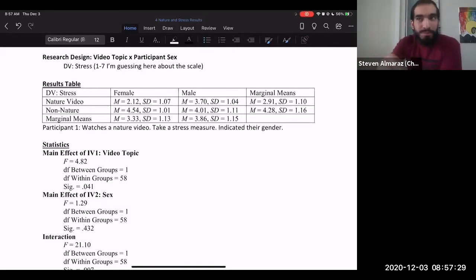I also needed a stress measurement for each participant because otherwise, how would I get these stress values? I needed to know their gender. So everybody told me their gender so I could split them into the female or male group. All right. And so that's the data that I got from every person. These three pieces of information were all that I really needed to answer this question.